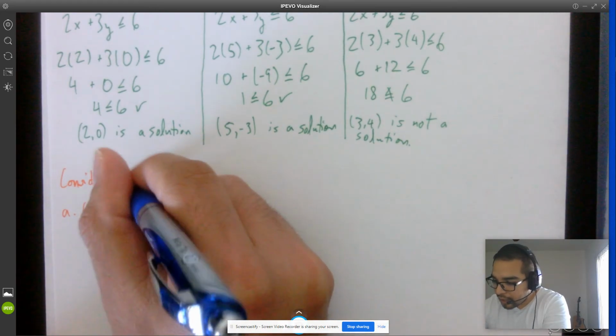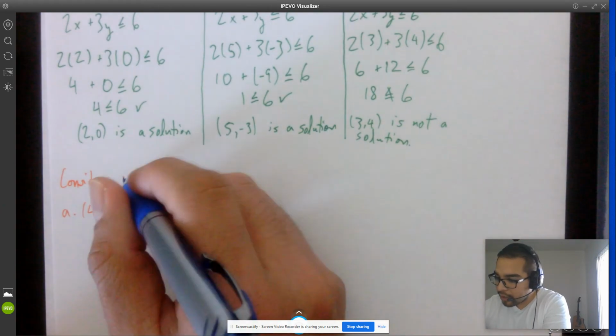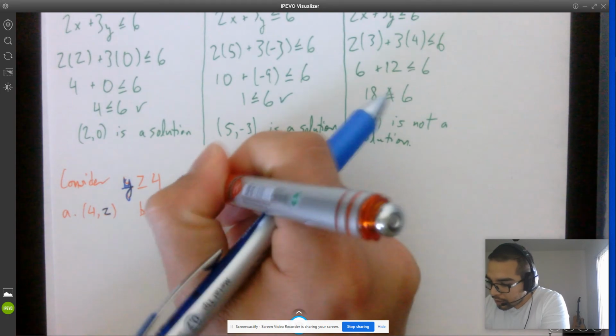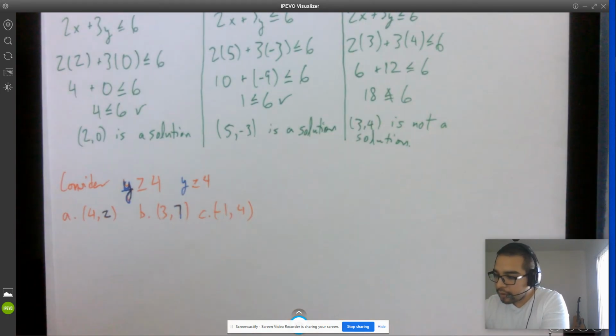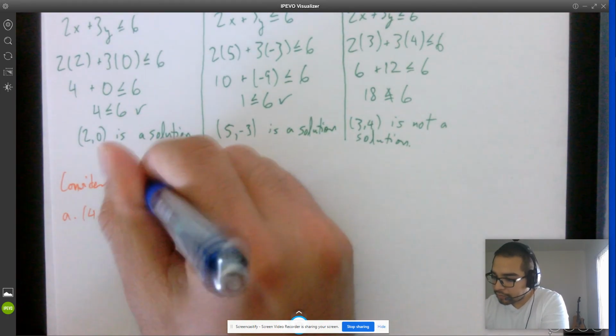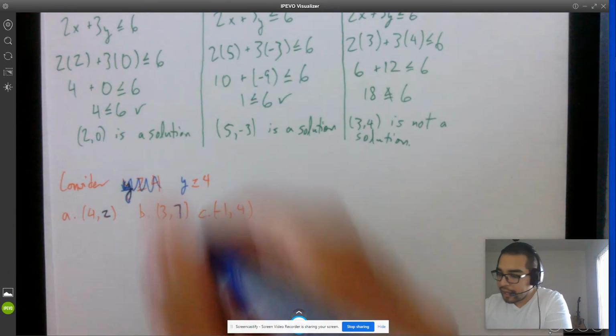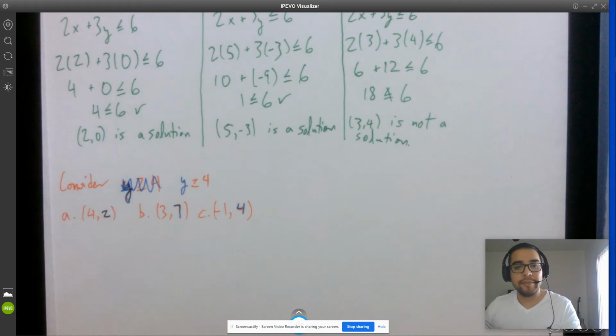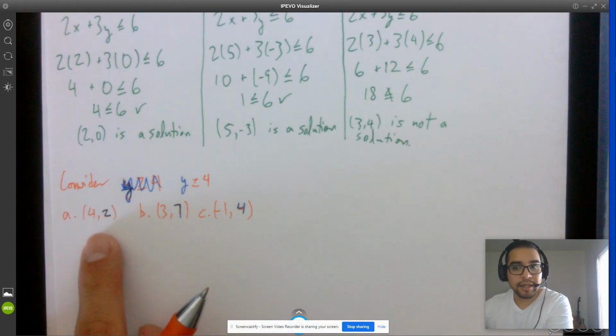I should not underline that. Let me rewrite it: y is greater than or equal to 4. And let's ignore this for now. I'm only looking at my y coordinates to see if that holds.